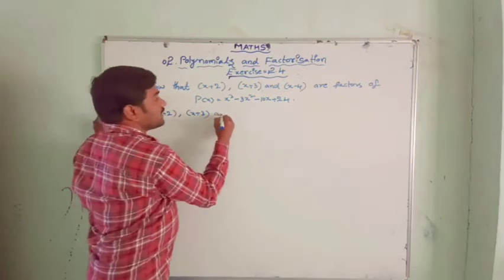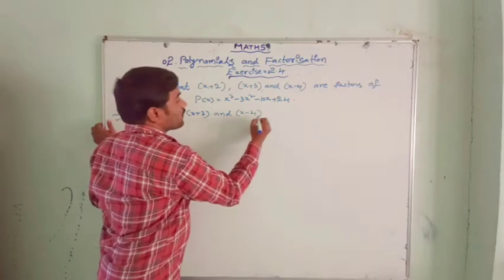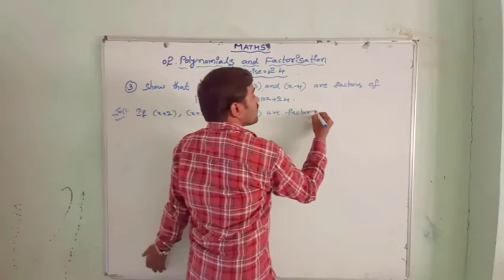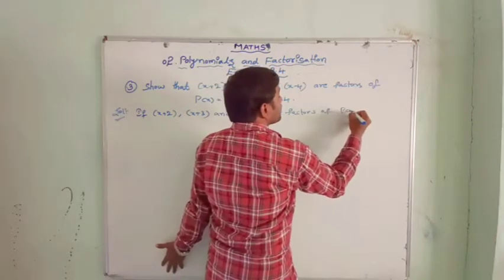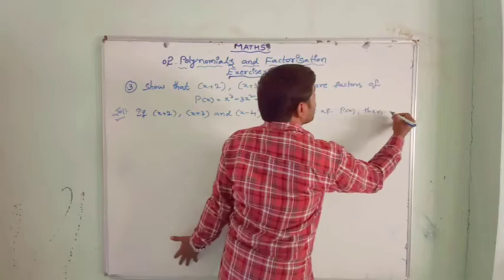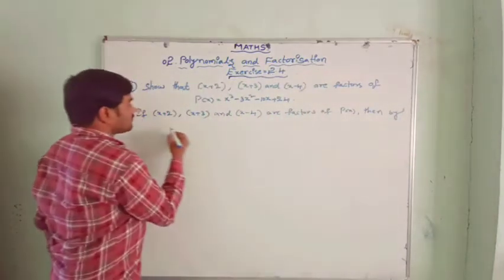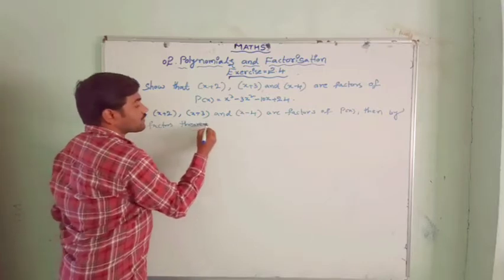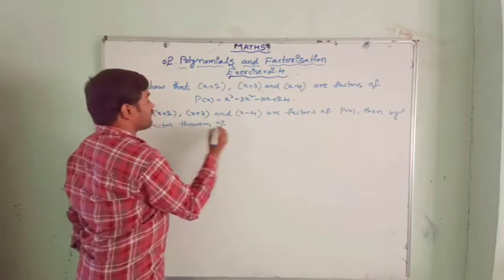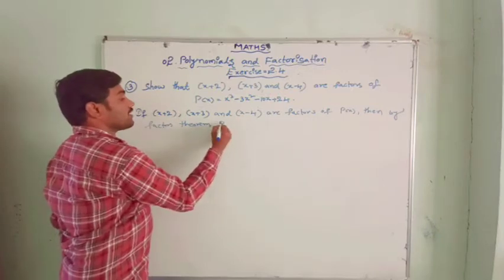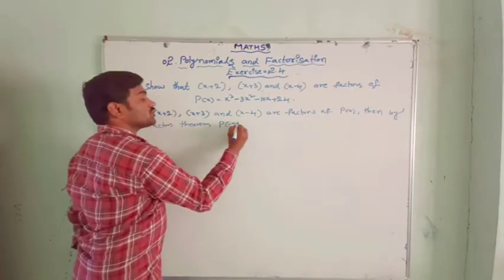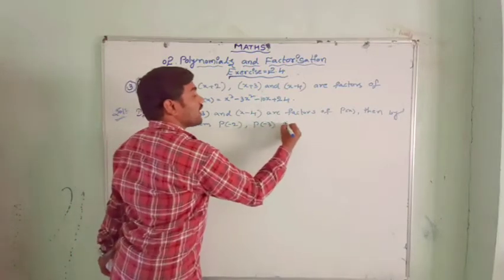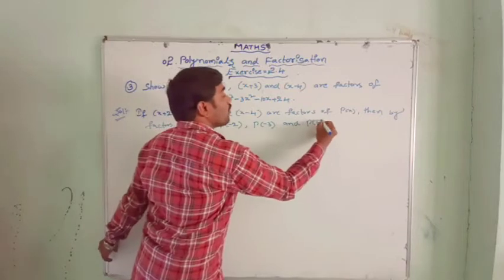If x plus 2, x plus 3 and x minus 4 are factors of p of x, then by using the factor theorem we have to get p of minus 2, p of minus 3 and p of 4.